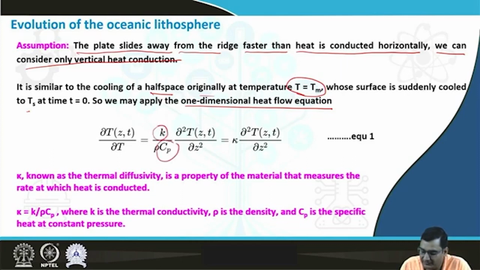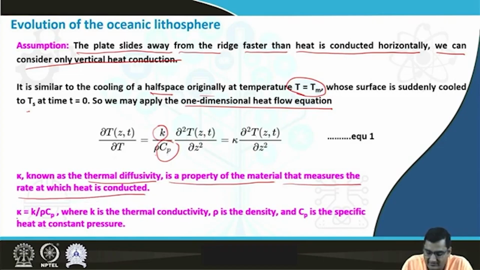The equation says that ∂T/∂t as a function of z, t is equal to K/ρCp ∂²T(z,t)/∂z², which is equal to κ ∂²T(z,t)/∂z². So κ is the thermal diffusivity, a property of the material that measures the rate at which heat is conducted, and this κ is equal to K/ρCp, where K is the thermal conductivity.